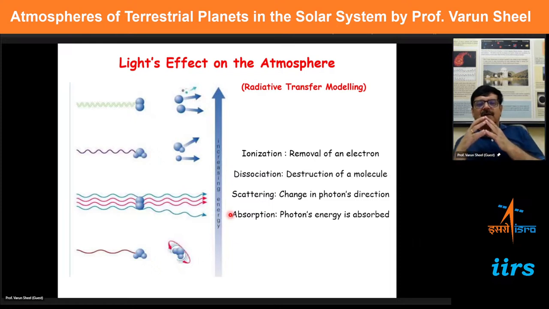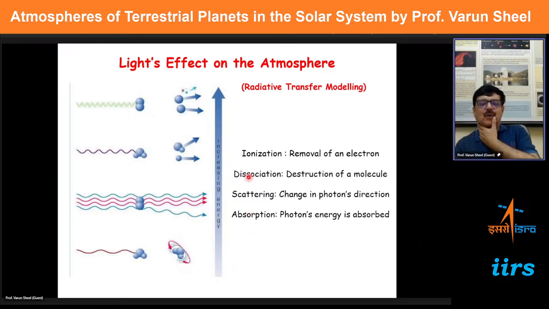So when we go into the details of the interaction of electromagnetic radiation with the molecules, this gives rise to more detailed phenomena, when I was talking of radiative effects, depending on the energy of the photon which comes. So this is the increase in energy here. As you can see, if it does not have very high energy, the energy of the photon is absorbed.